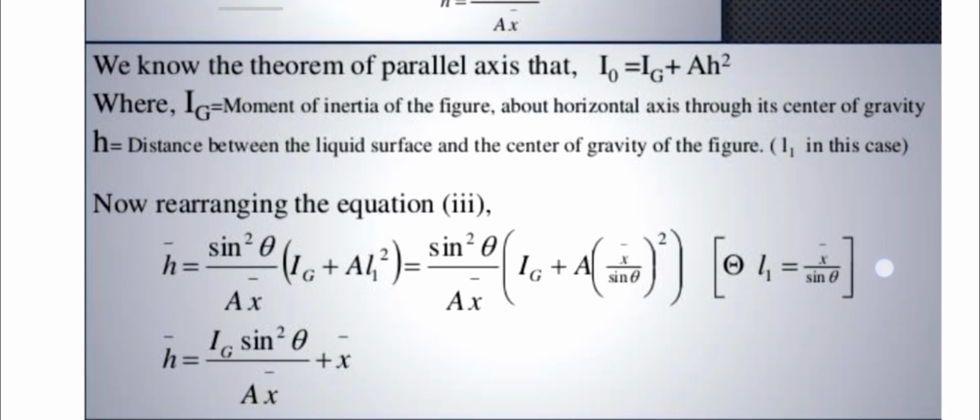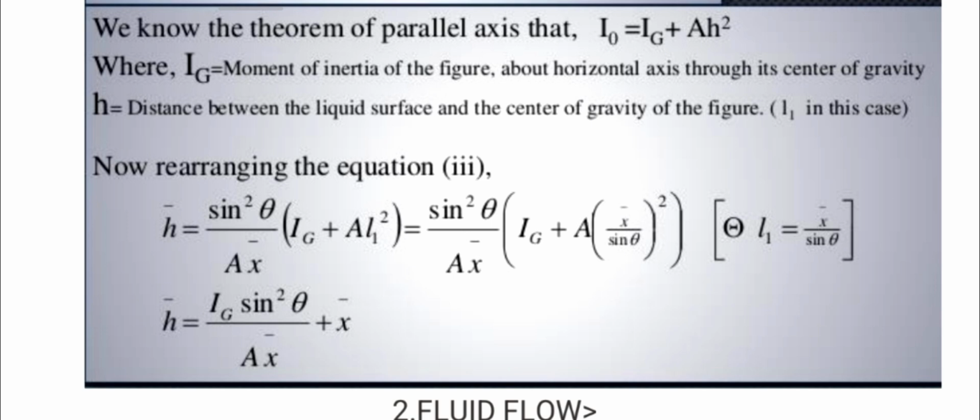Now rearranging the equation, h bar equals sine square theta by A x bar into [Ig plus A (x bar upon sine theta) square], which gives h bar equals Ig sine square theta upon A x bar, plus x bar.